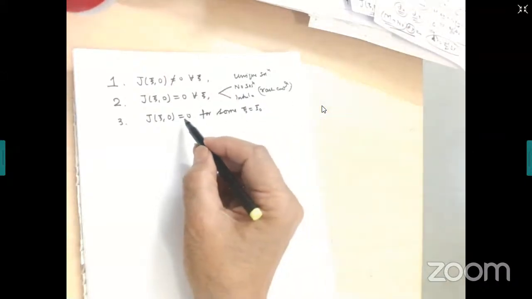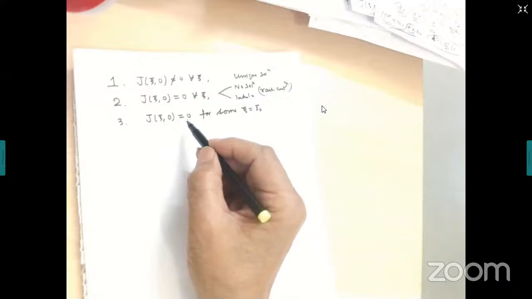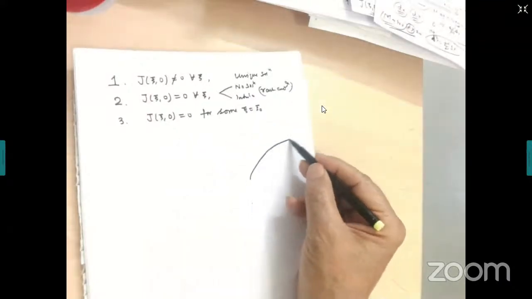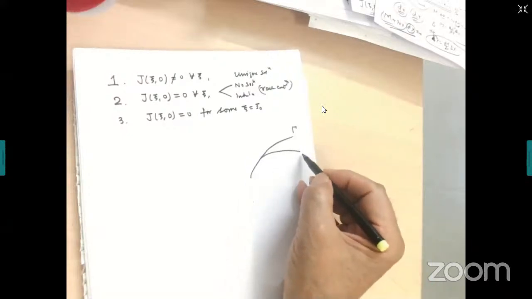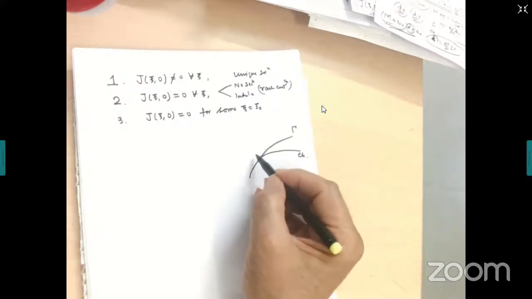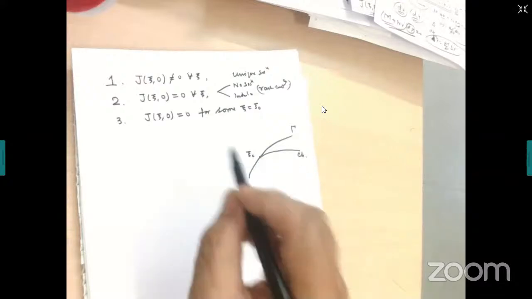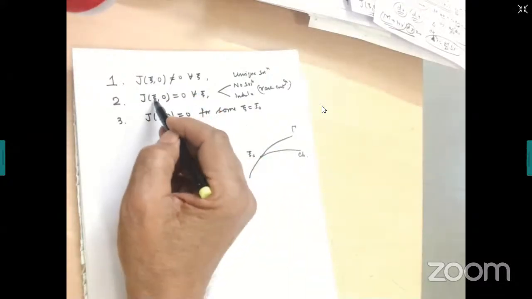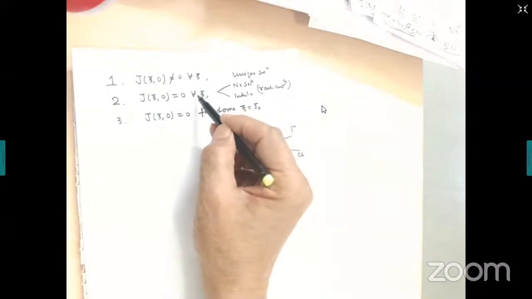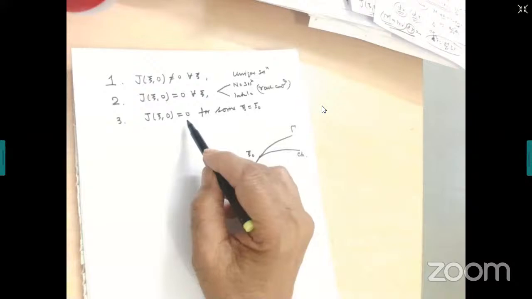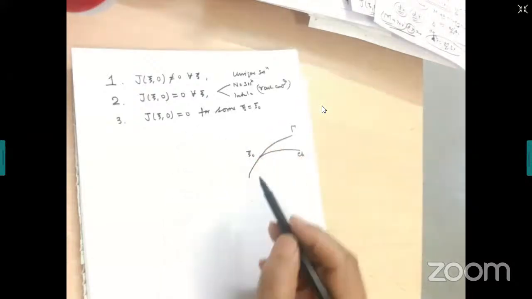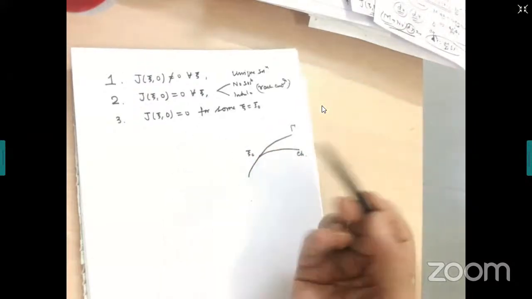First and second are the conditions associated with every xi. The third one says, if this is equal to 0 for some xi, say xi naught, then what can be said?